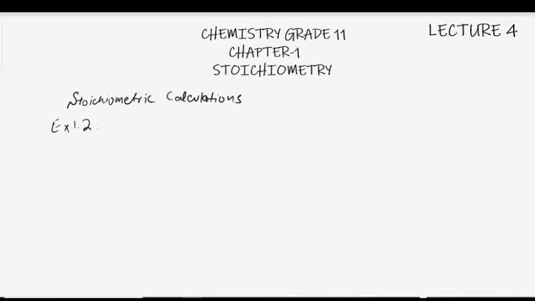So you have to calculate the mass of iron produced from iron oxide, Fe2O3, when it is reacted with carbon monoxide. Let's see how we can solve this.